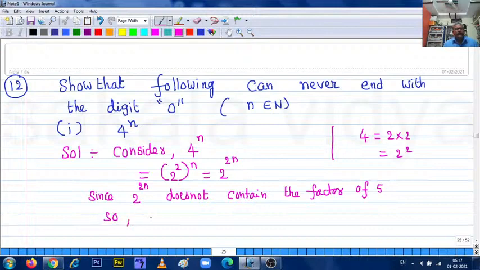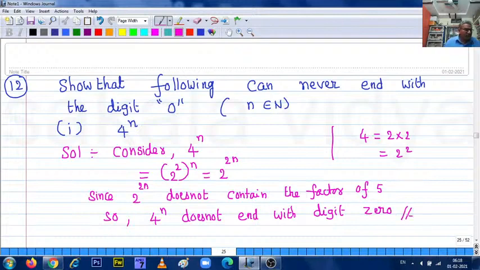So 4 to the power of n does not end with digit 0. That's all. It's completed. So other than 2 and 5, it should not contain other factors also.